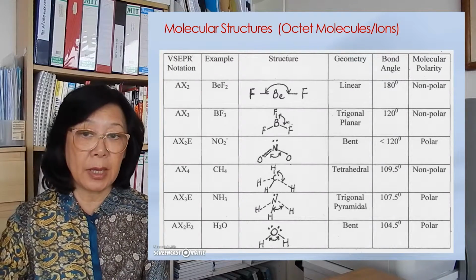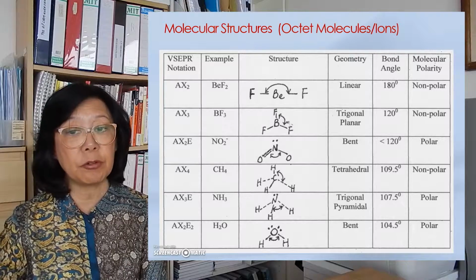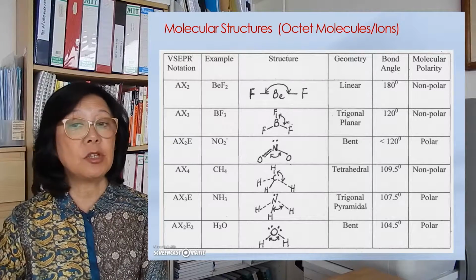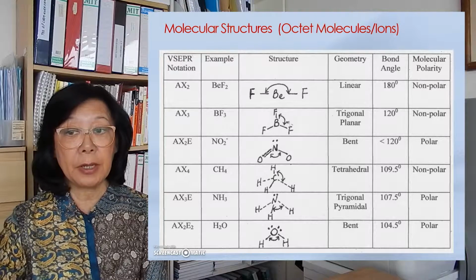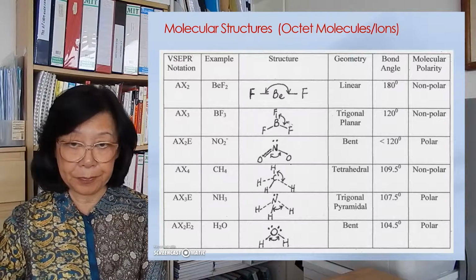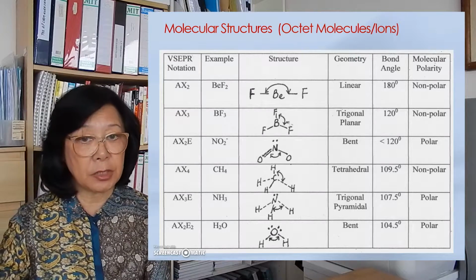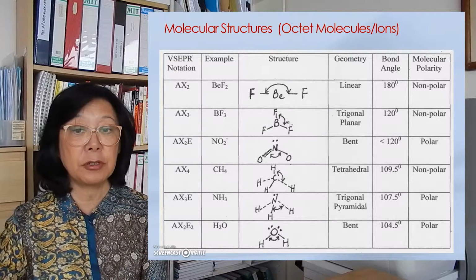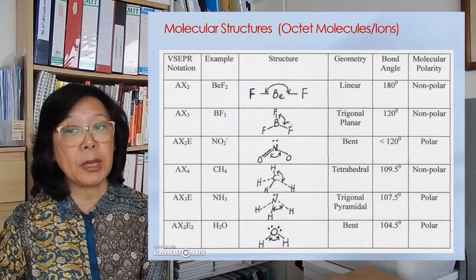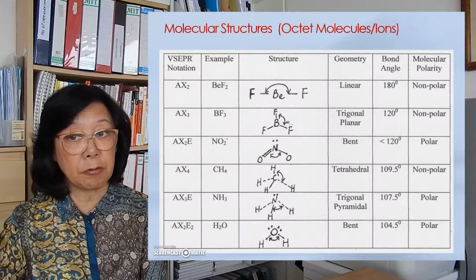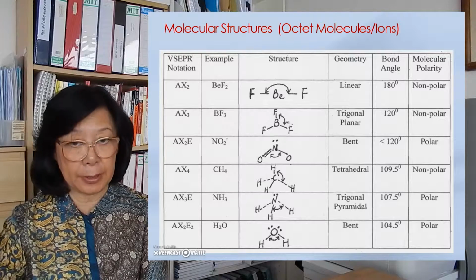The next one, AX3, represented by boron trifluoride, results in a trigonal planar shape, 120-degree bond angle, and a nonpolar molecule. The next one, AX2E, now there's a lone pair of electrons, on the nitrite ion, which results in a bent shape, less than 120-degree bond angle, and a polar ion.